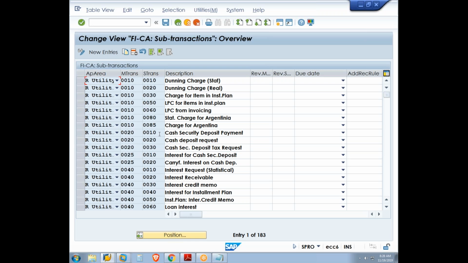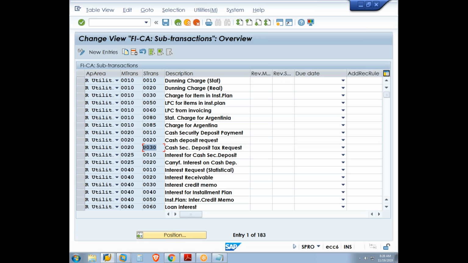You can see here they have given 3 sub transactions: 0010 cash security deposit payment, cash security deposit request, and cash security deposit tax request. In some countries, even for the security deposit you have to charge a tax. Like if you are charging 5,000 rupees to the contract account, it is with tax or without tax.